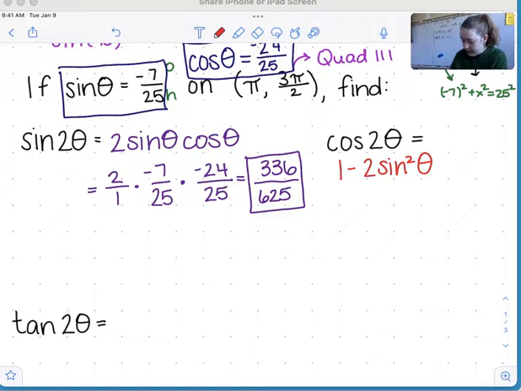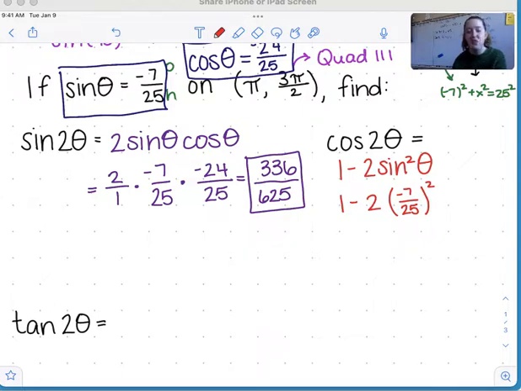So I've got 1 minus 2 times sine, which was negative 7/25, squared. If you want to throw it in your calculator right now, click math and then frac and enter, giving it to you as a fraction, wonderful. I'm still going to talk you through it just so you know how to do it.